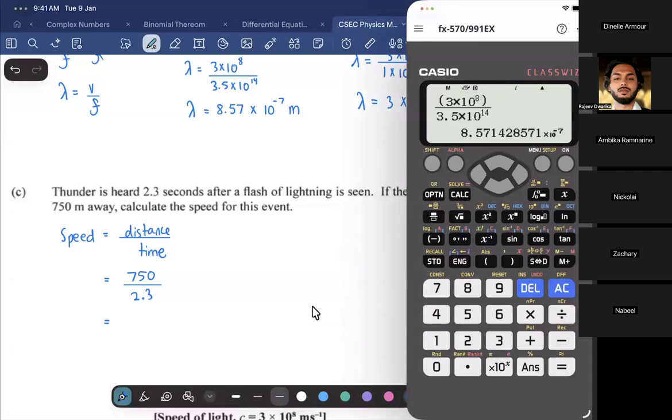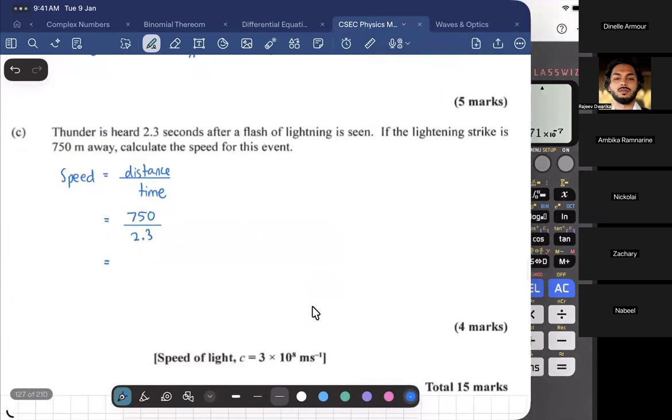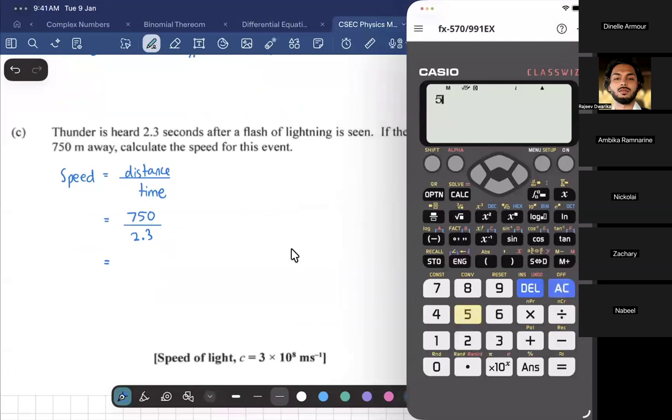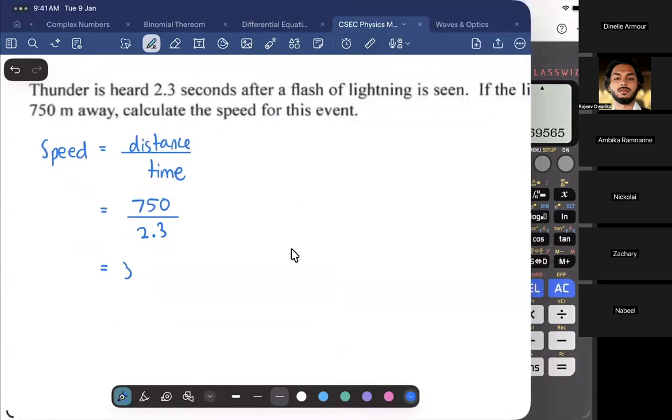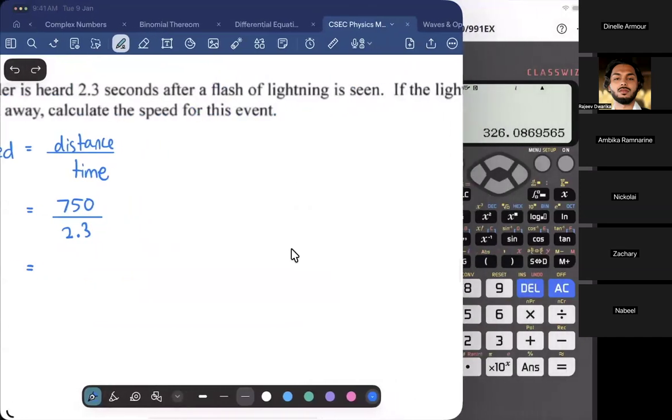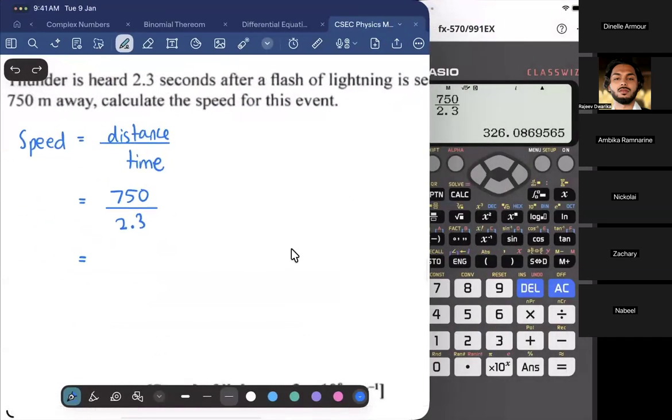Guys? Okay, you should get 326. So that's the answer, 326.09.